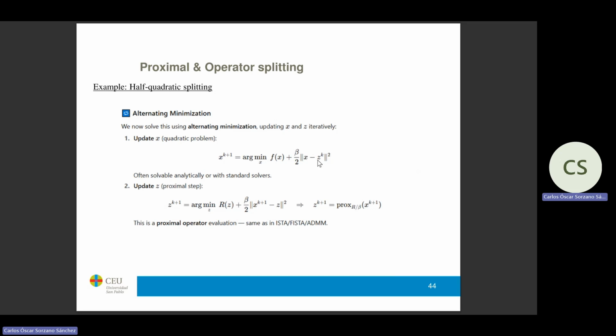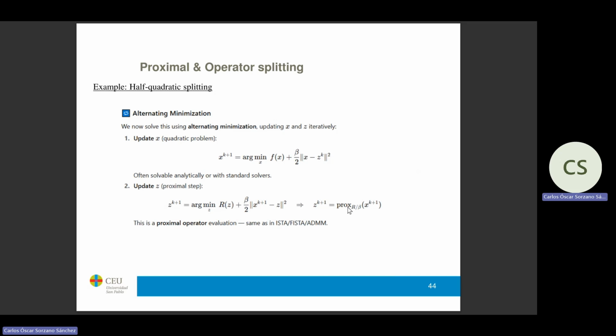So first, given z, you update your x, and once you have updated your x, now you update your z. For z, you have the quadratic term that is fully differentiable, plus this one that is not differentiable, but then you have the proximal operators.